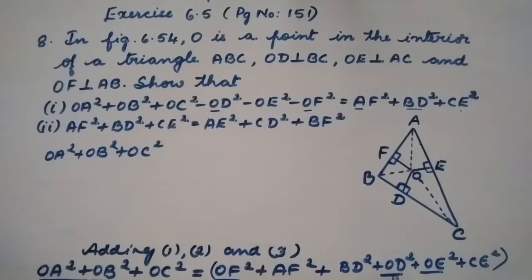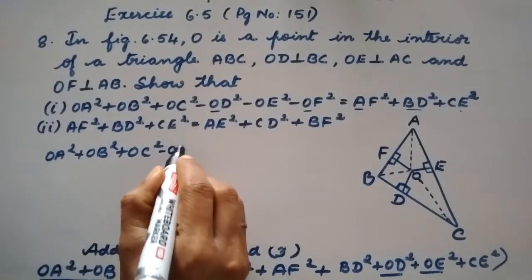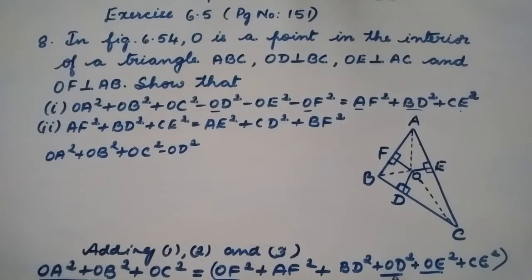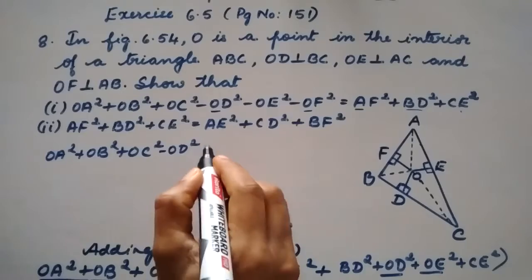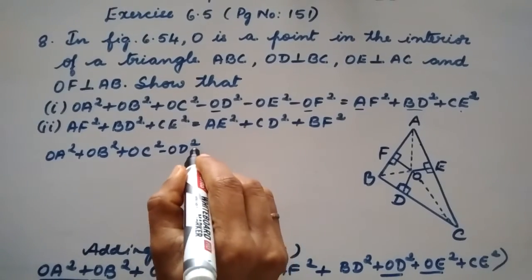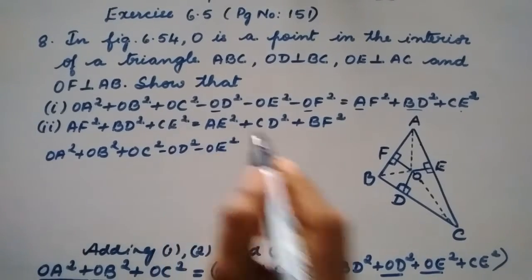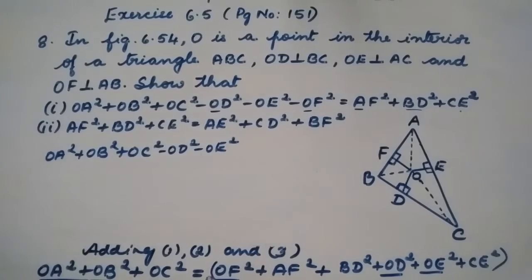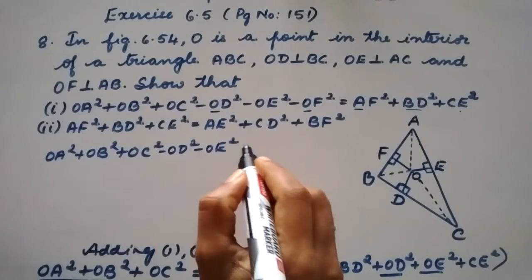Here let us shift plus OD square to the left hand side. It becomes minus OD square, and then plus OE square again to the left hand side. It becomes minus OE square, and then OF square.